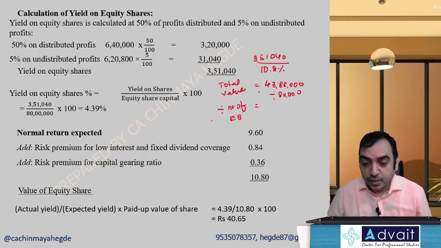Oh, sorry, different number. This is not 43 lakh. This is 32 lakh 50,370. Okay, divide by 80,000. Get 40.6 something.